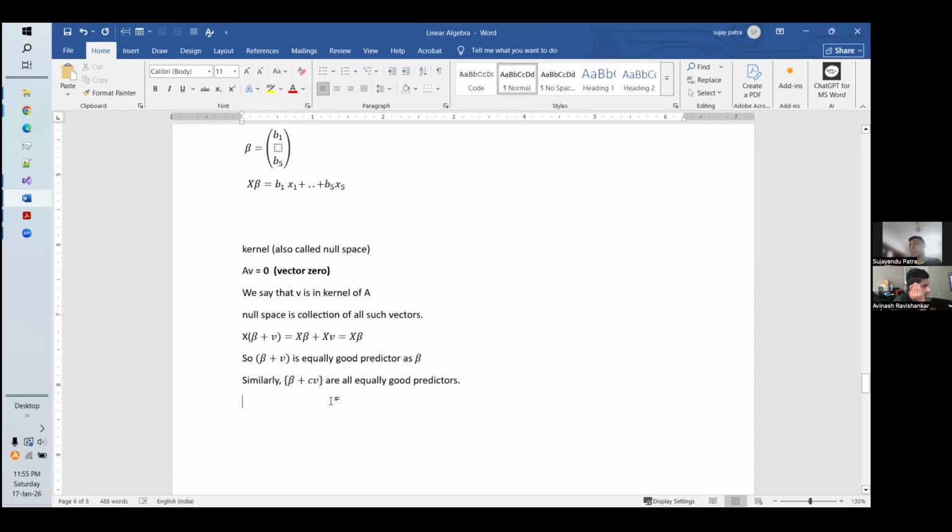The question is, how do you choose among them? We do face a lot of problems like this in practical linear regression, where you get a lot of betas which are equally good. So you have to have a separate way of choosing between them, and we introduce some penalization concept there. Ah, okay. This is where the penalization comes in.